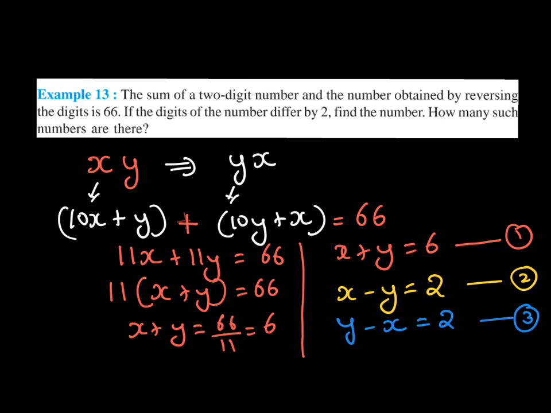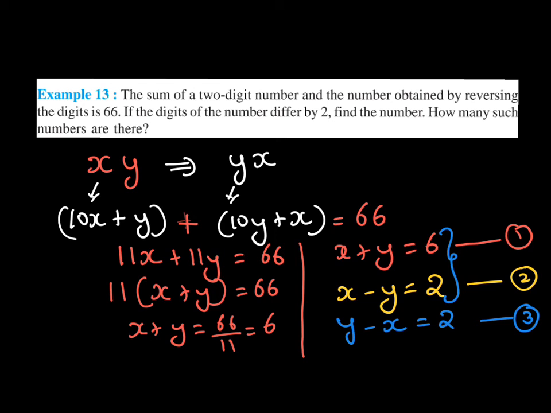What we can do is take the first two equations, solve them by the method of elimination, which you are already familiar with, and get the values of x and y.